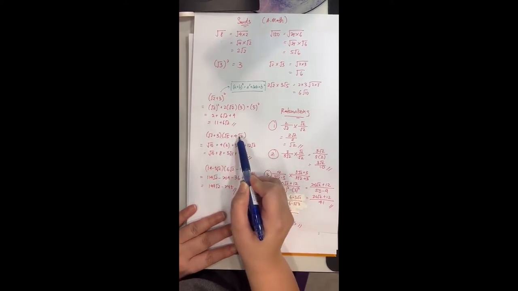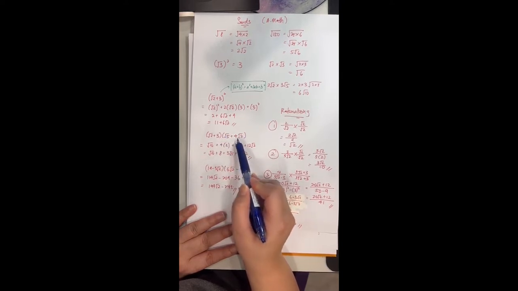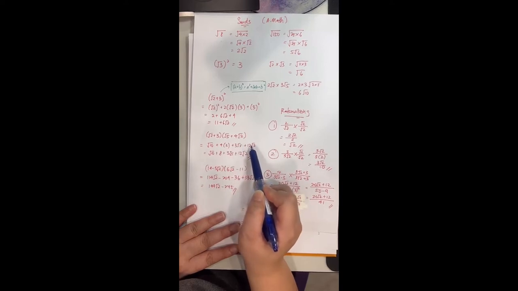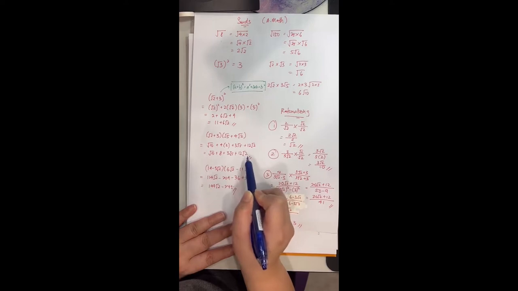The 4 is just times 1, nothing. Square root 2 times square root 2 is 2. So you see my working, I always put 4 then bracket 2. This one is just 3 square root 5. And the last one is 3 times 4, so it's 12 square root 2. And when you simplify, it becomes this. This one is the simplest form already because square root 5 and square root 2 are not like terms. So you just keep it as it is.